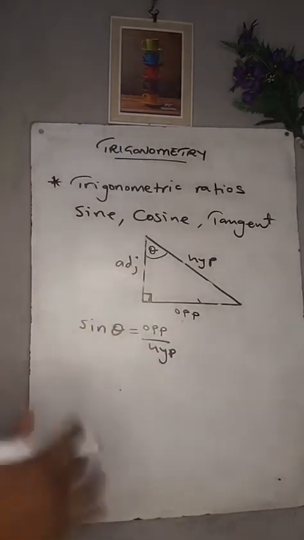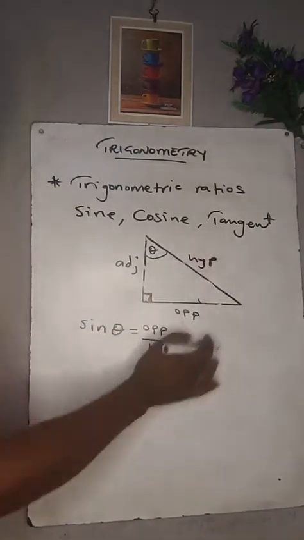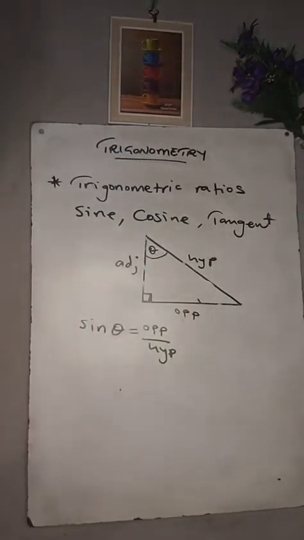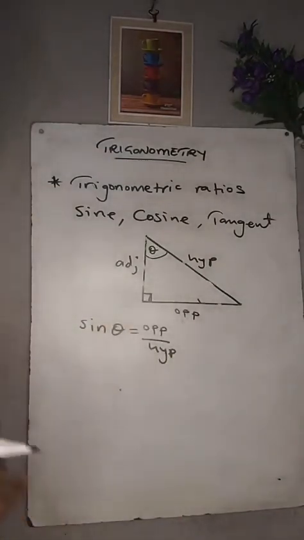Whenever you're finding sine theta, you use the opposite and the hypotenuse sides. Only these two sides are important when you're dealing with sine.